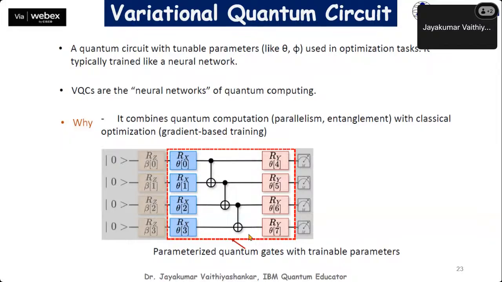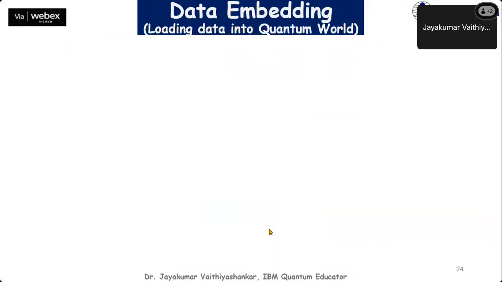The entire section highlighted in the red rectangle is the parameterized quantum gates. Each and every time we need to train these parameters by changing these values, right?